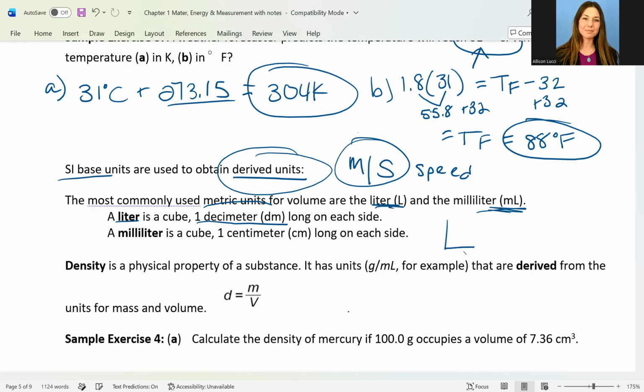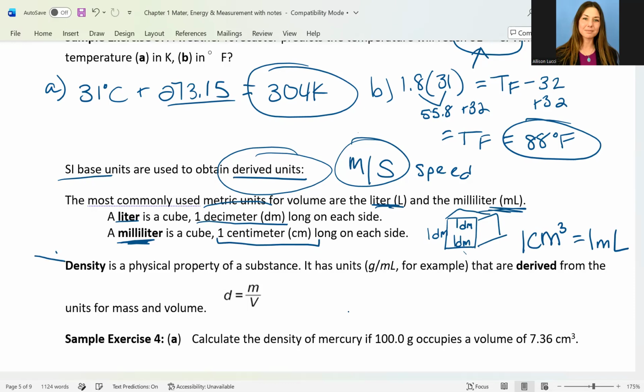So we could think of a shape kind of like this, and each of the sides would be 1 decimeter. So a cubic decimeter is another way of thinking of that. And then a milliliter, that is a cube with 1 centimeter long sides. So when we refer to a cubic centimeter, that is equivalent to a 1 milliliter volume.